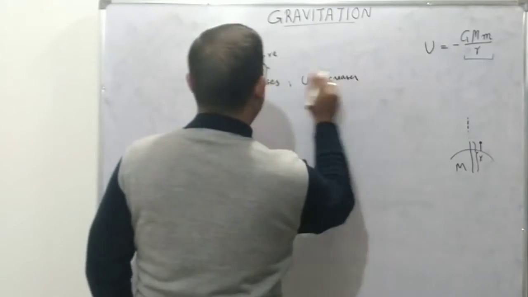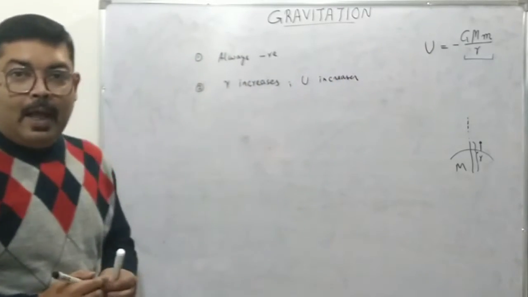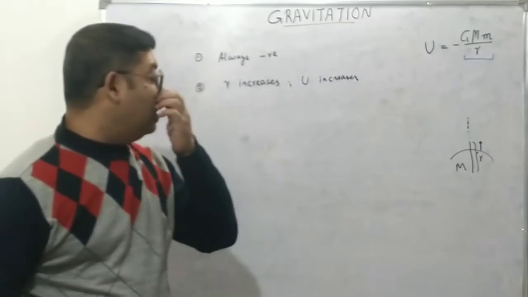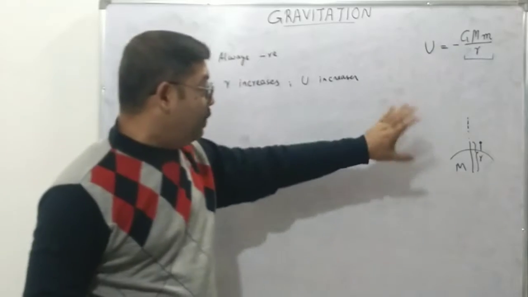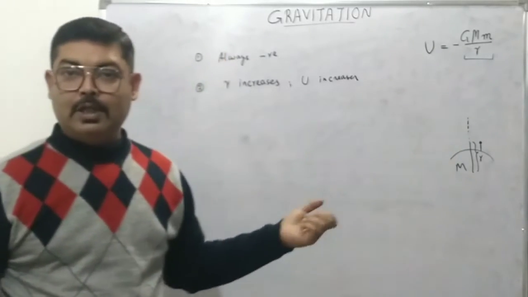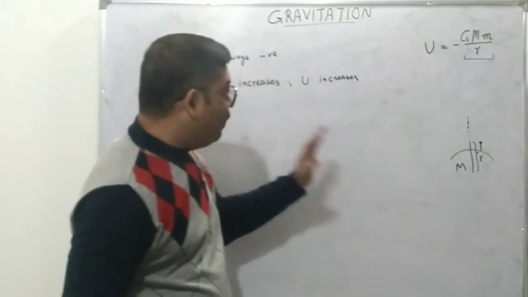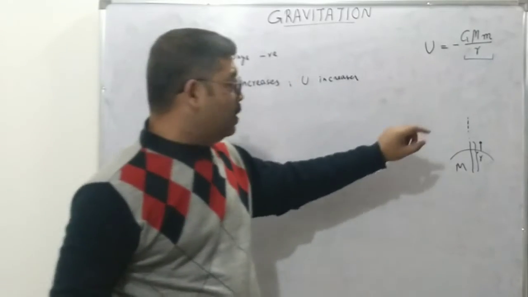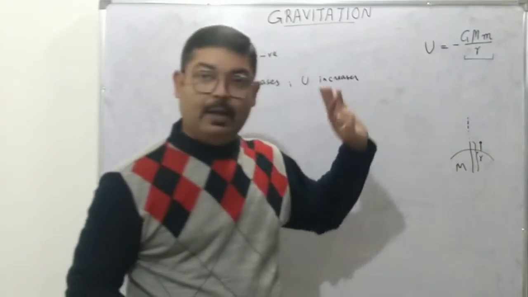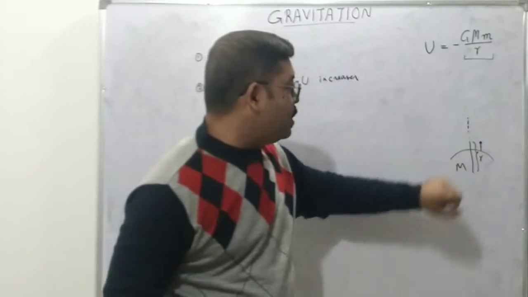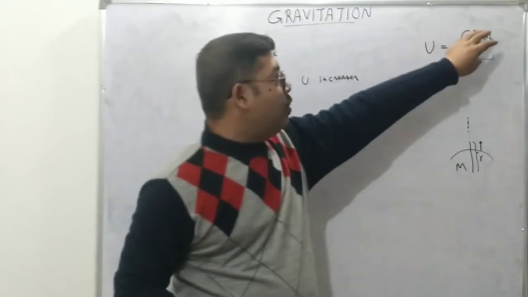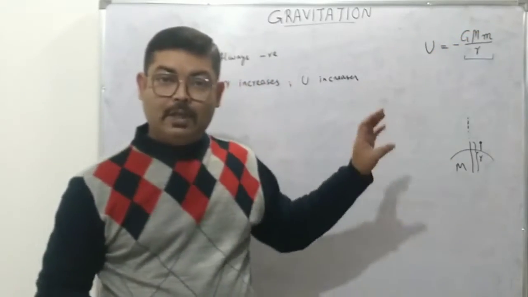It will always be negative, but as we move away from the center of the mass in whose field we have put the test mass, that is, whose potential energy is being measured, if we take the small mass m away, or if the distance between the two masses keeps on increasing, the magnitude of the negative value will decrease, which means that the value will increase.